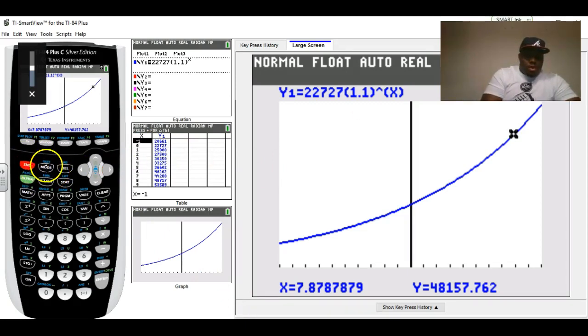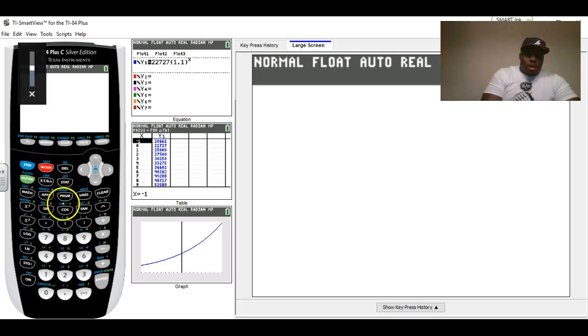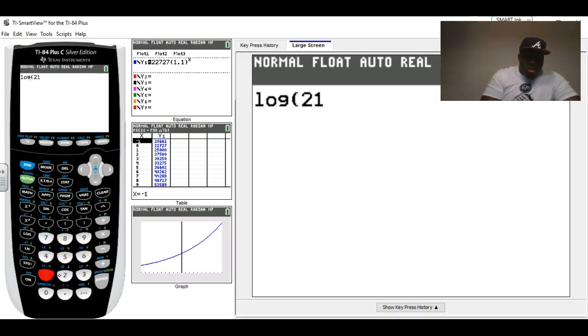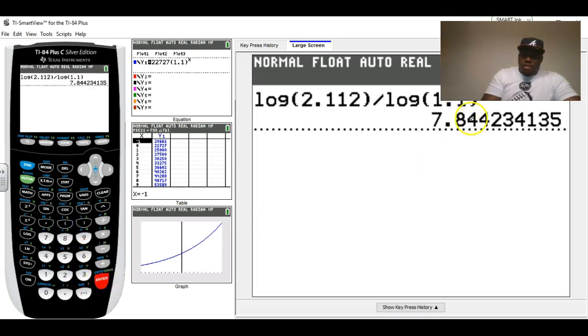Let me clear this out so you can see. If we go log of the argument, which is 2.112, and divide that, make sure you close your parentheses right here, divide that by log of 1.1, that gives us 7.8.